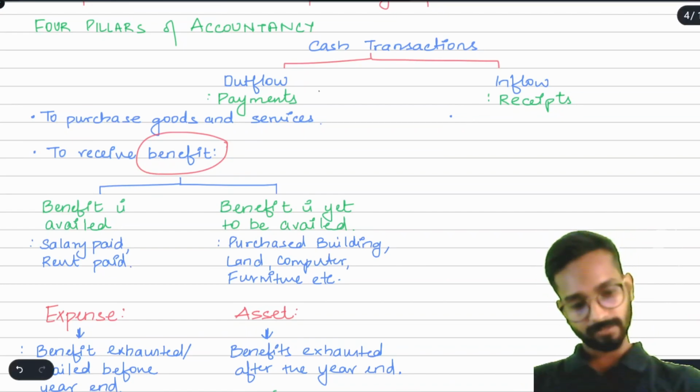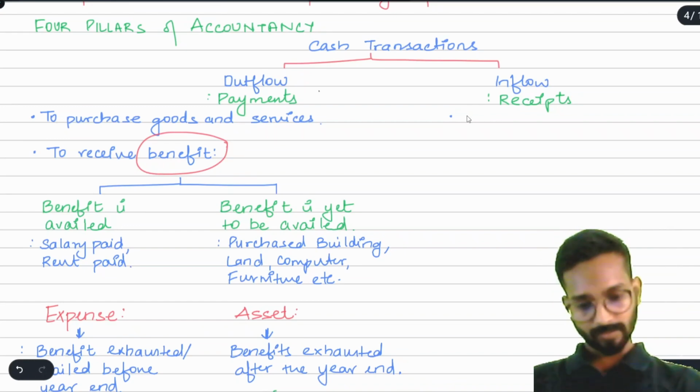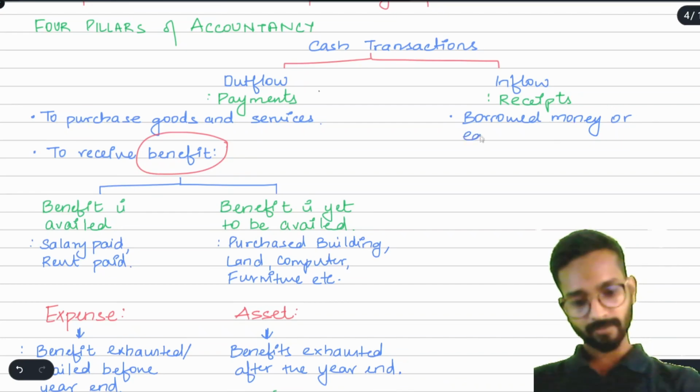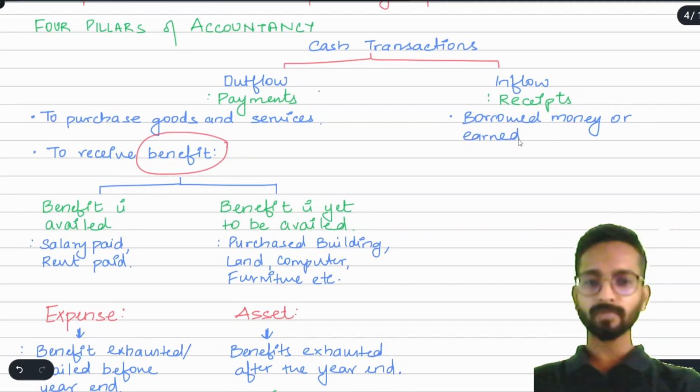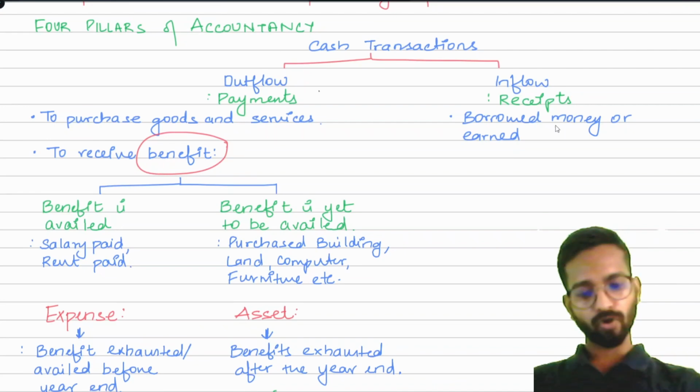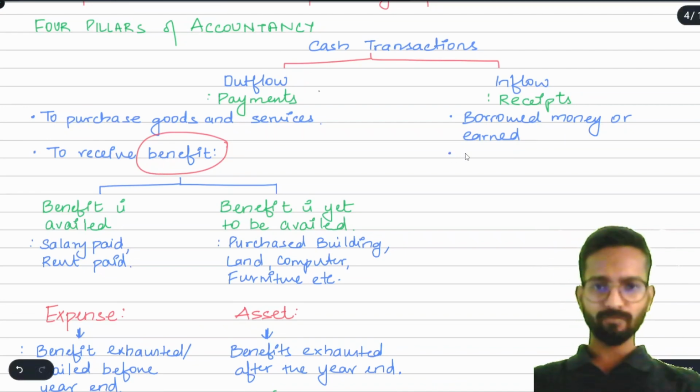I can say here, either I would have borrowed money or earned it. There can be only two things, borrowed money or earned money. Whether I have borrowed money or earned money, how can I earn?